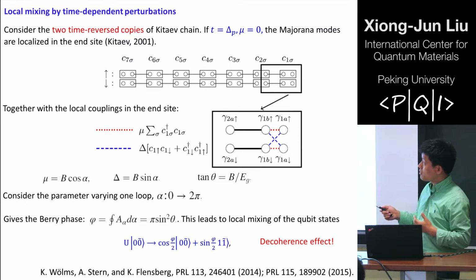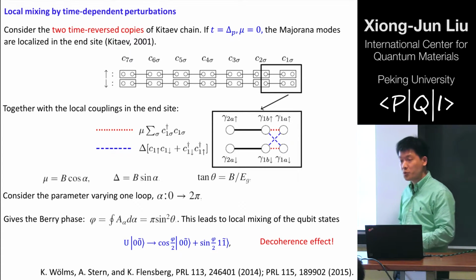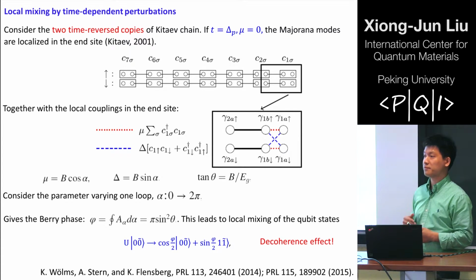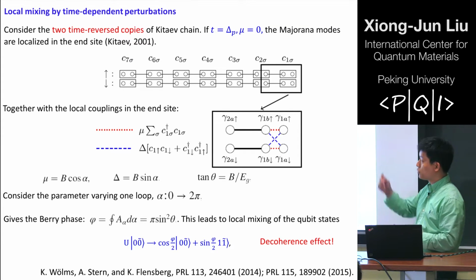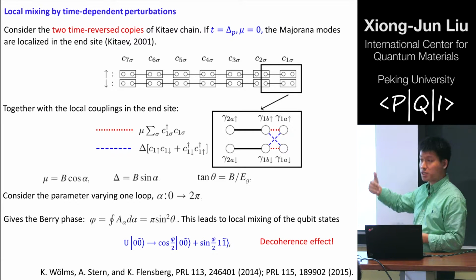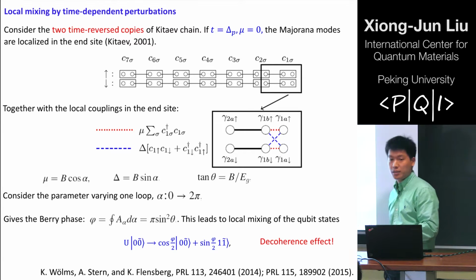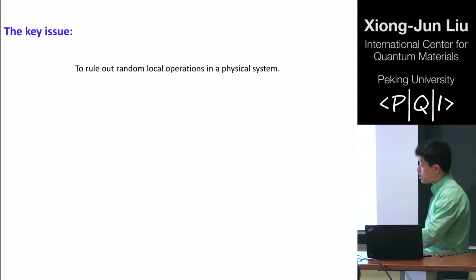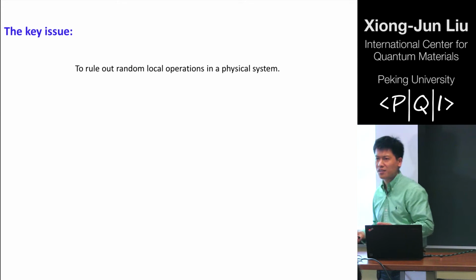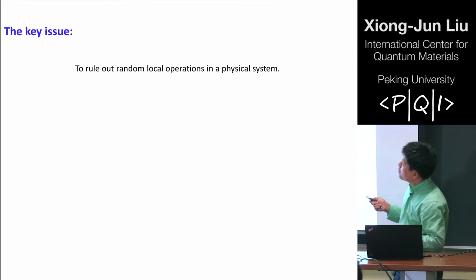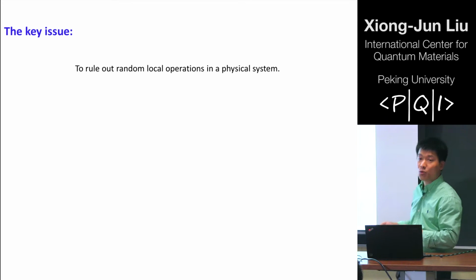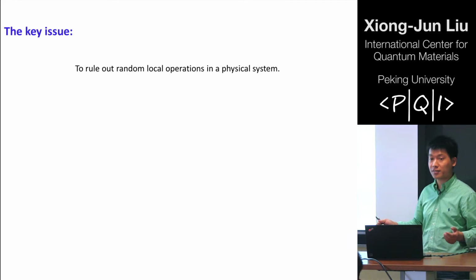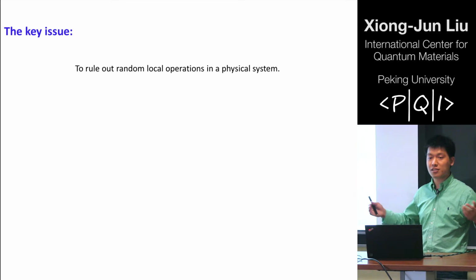Okay, but then they say that even if you do not break time-reversal symmetry at each time, you still induce local mixing between 2 Majorana fermions within a single Kramers pair. Okay, then this gives rise to some questions. You must find a way to rule out the random local rotations in a physical system. Otherwise, you cannot obtain this non-abelian braiding, and it's not possible to observe this non-abelian braiding.